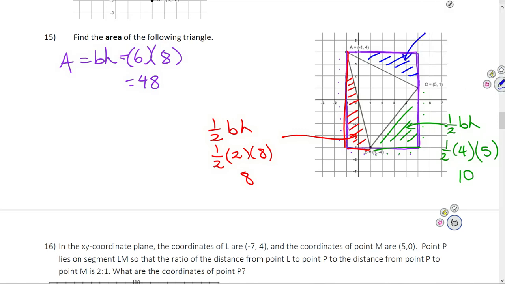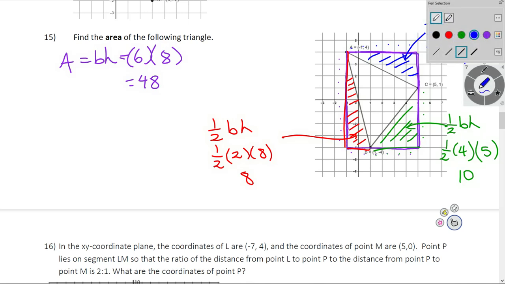Last but not least, this blue negative space, I have 1/2 base times height. The base is 1, 2, 3, 4, 5, 6. And the height is 3. Half of 6 is 3. 3 times 3 is 9. So I'll keep my color coordination. Overall, I have 48, and I will subtract 8, and I will subtract 10, and I will subtract the 9.